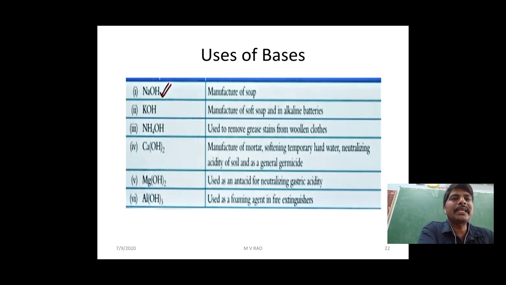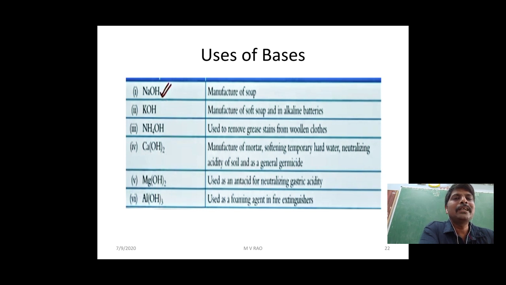Calcium hydroxide is used in the manufacture of mortar, softening temporary hard water. Slaked lime is used to remove hardness of water, neutralizing acidity of soil and as a general germicide. Ca(OH)2 is used for whitewash because it is a general germicide.